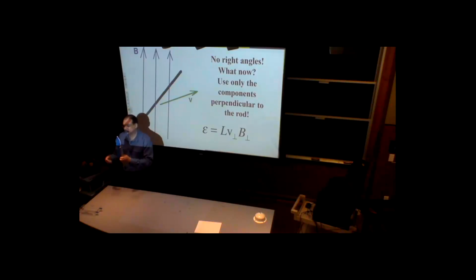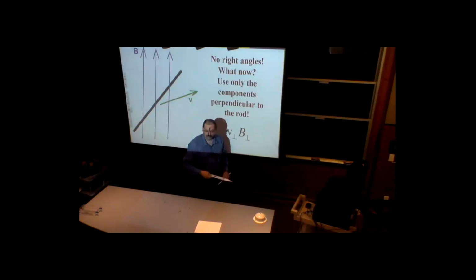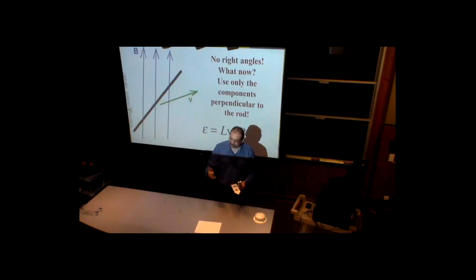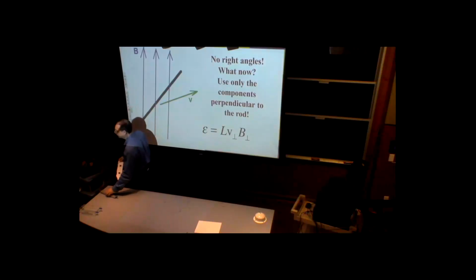Well, maybe it doesn't have. In that case, that would be zero. If this is the velocity, again, it has perpendicular and parallel. If it doesn't have perpendicular, again, that would be zero. So both variables, magnetic field and velocity, should have components perpendicular to the bar. In that case, we get EMF induced in it.